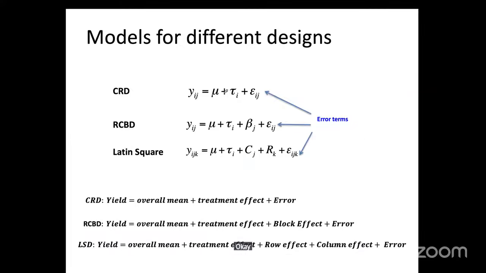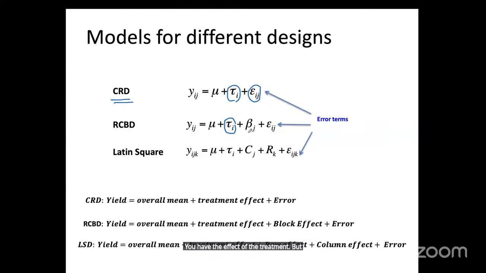Okay, so we talked about this. So here, this is for the CRD. For CRD, this is the effect of the treatment. And then anything else that we cannot explain becomes our error. For the case of RCBD, you have the effect of the treatment.